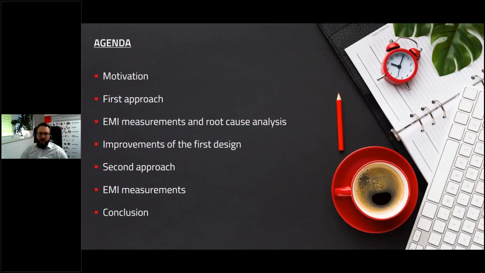What are the points I want to talk about in my presentation? First, I will go into my motivation for this topic. Then we have, of course, the first approach, so first design.